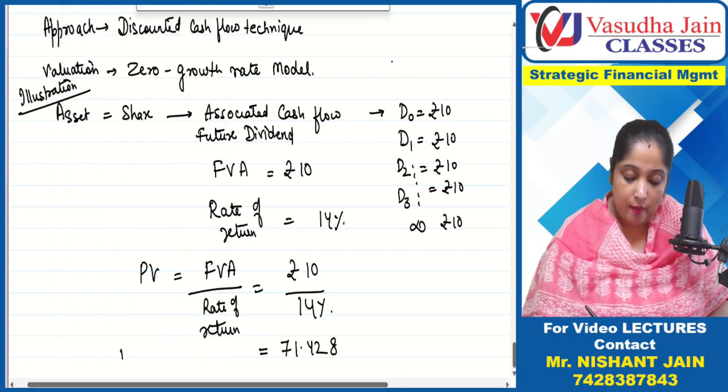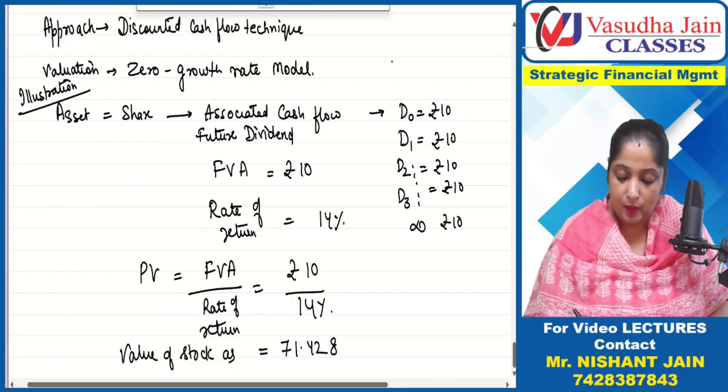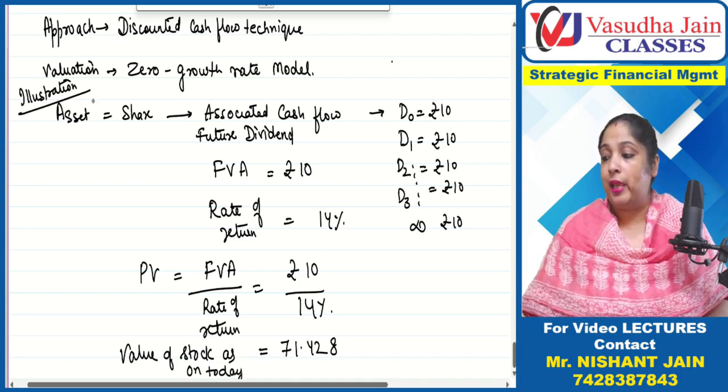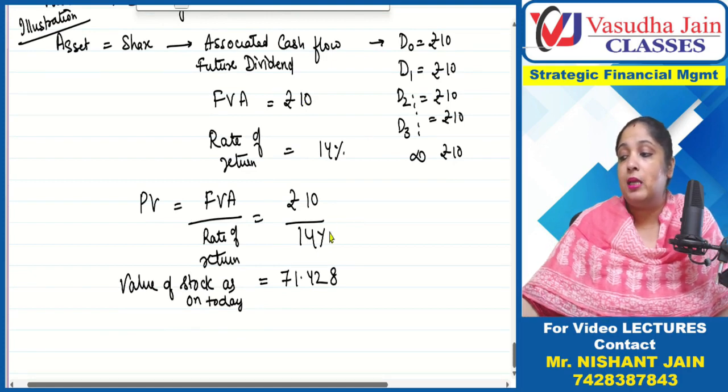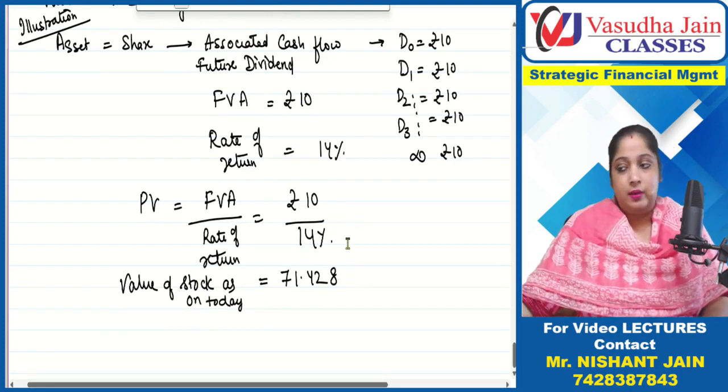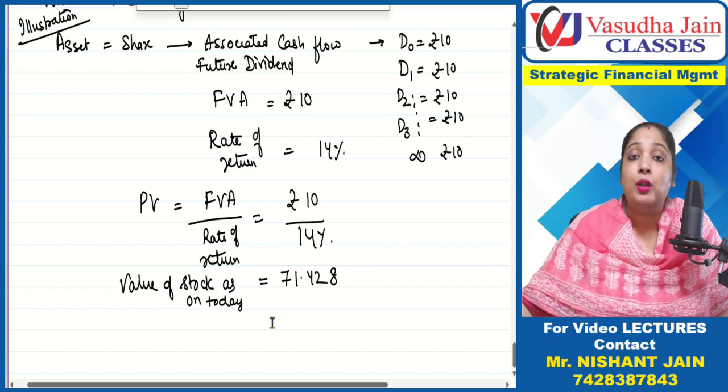This is the value of stock as on today. If you invest this much as on today at the rate of 14%, you will be getting 10 rupees forever. This is your value of stock as on today.